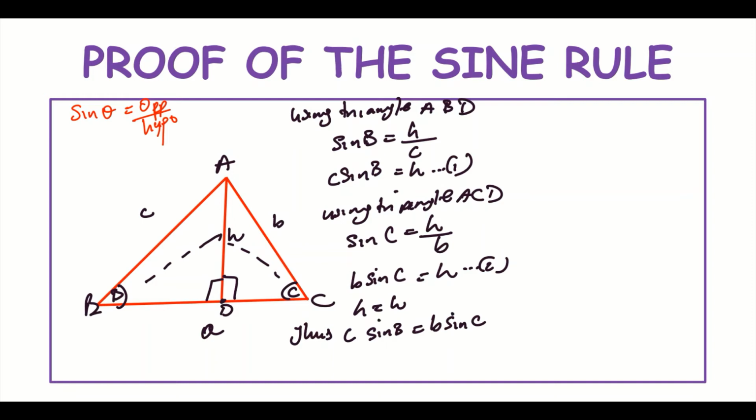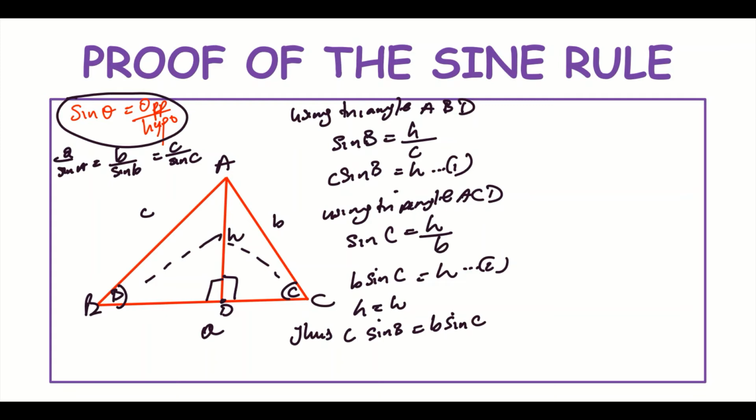Now let's go ahead, because we are right here at the crux of it. We're working from what we know, and we want to get a over sine A is equal to b over sine B is equal to c over sine C. So we're going to rearrange this to form any of these pairs.